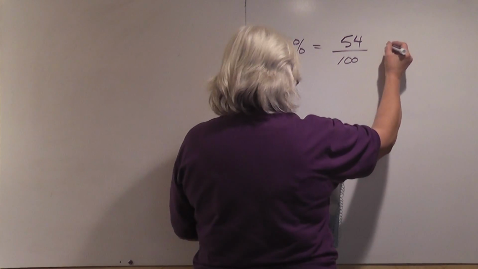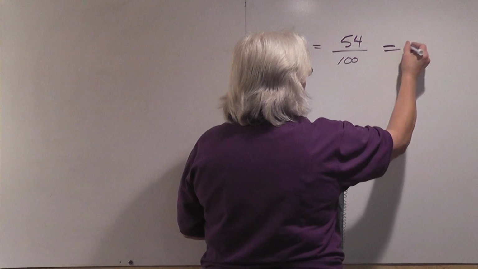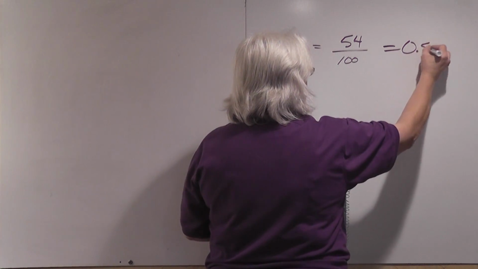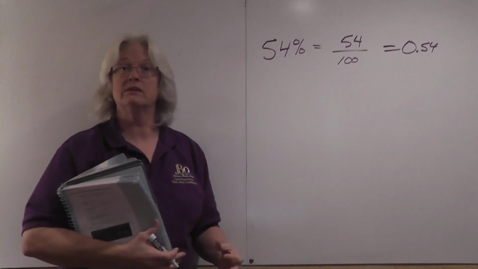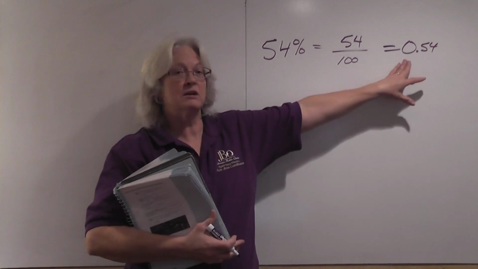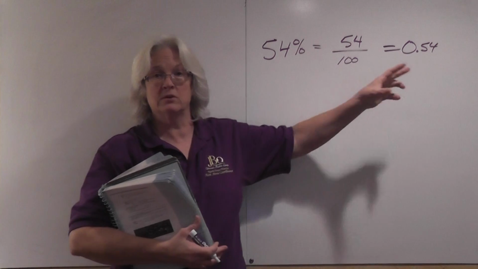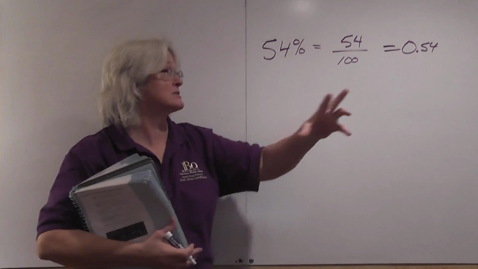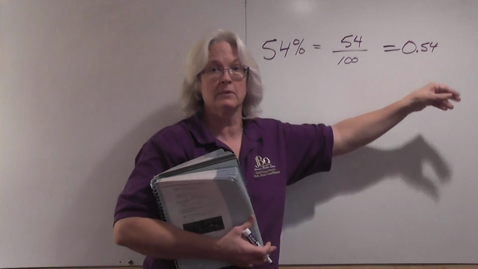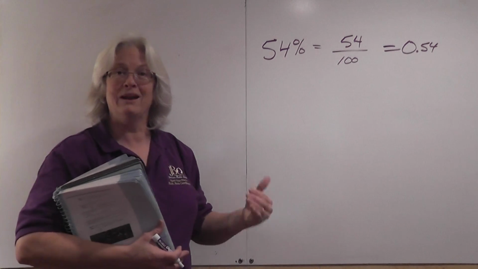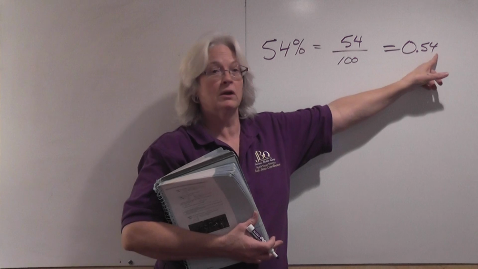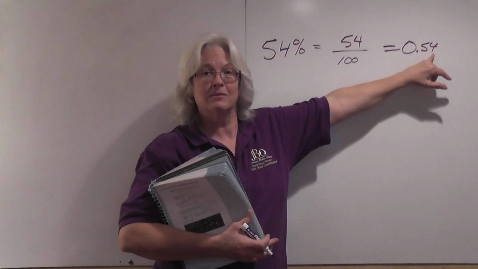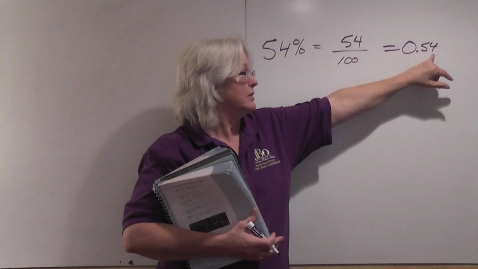And you know that you can write this as a decimal by saying 0.54. Now, why did we write the 0? We wrote the 0 before the decimal point as a screaming, flashing light that says this number here is less than 1. Then we remember from when we're naming numbers that we read the number 54 and we call the last place that we have named here.